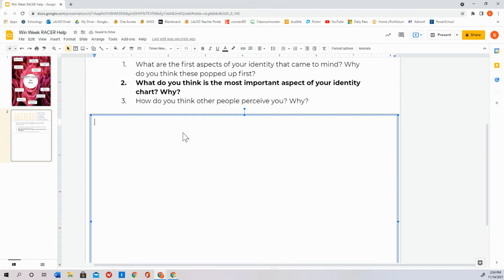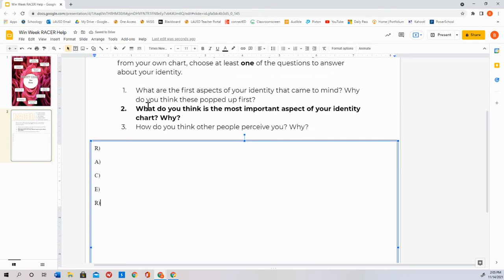Okay. I'm going to walk you through this. Remember, like I've told you, first thing you have to do, write out that RACER. Okay. What do you think is the most important aspect of your identity chart? You have to turn this question into a sentence. So, what are the question words?